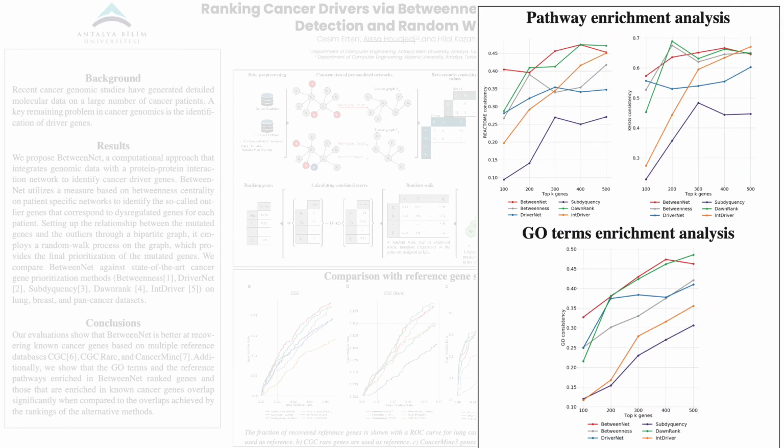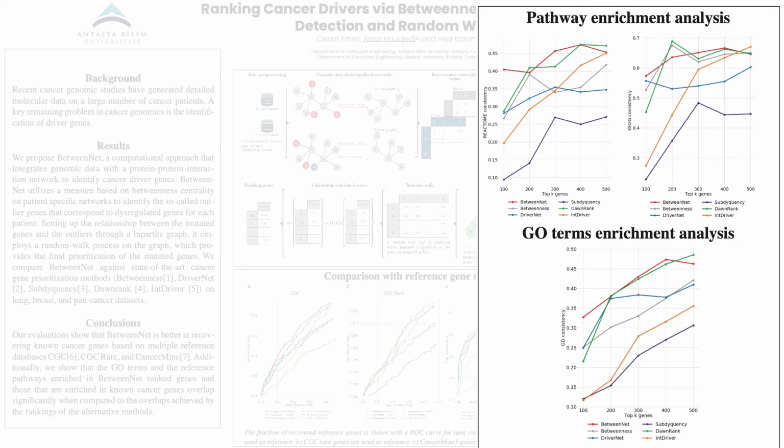Then we evaluate our method based on functional and pathway analysis. Here we find the enriched category and Reactome pathways in the ranked gene sets of varying total sizes from 100 to 500 in increments of 100 for each method, and we repeat the same category and Reactome pathway enrichment analysis with the reference gene set.